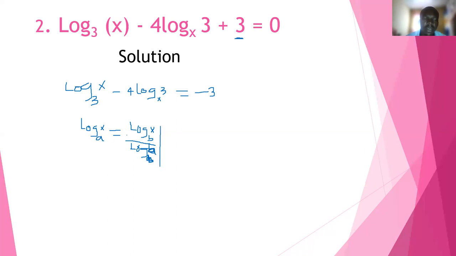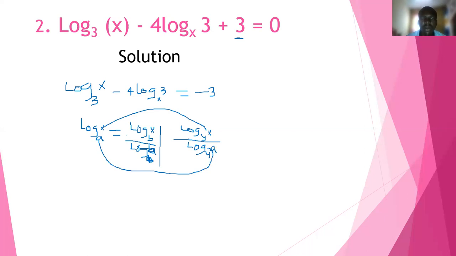In other words, to make it short, if you want to change, make sure that those logs are of the same base, like this one, maybe y. So this x comes here, so it will be log x, then this a comes here to be log a.